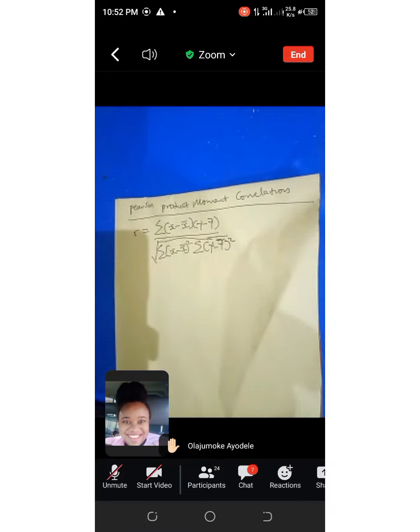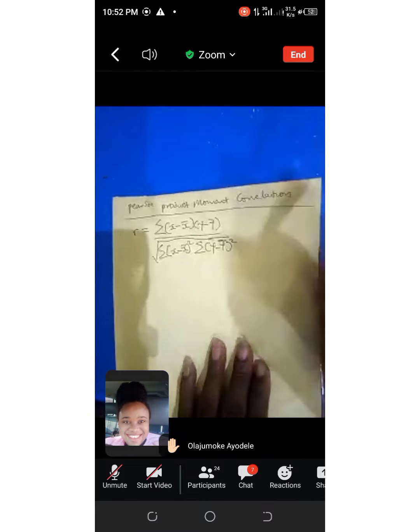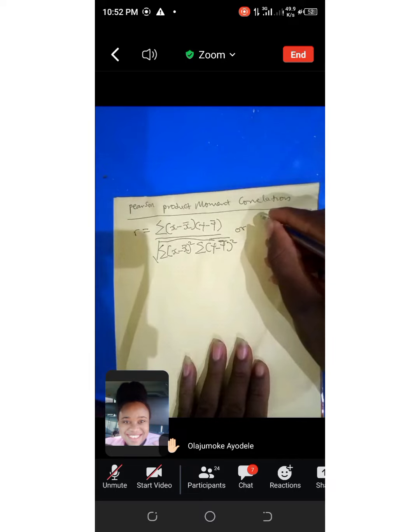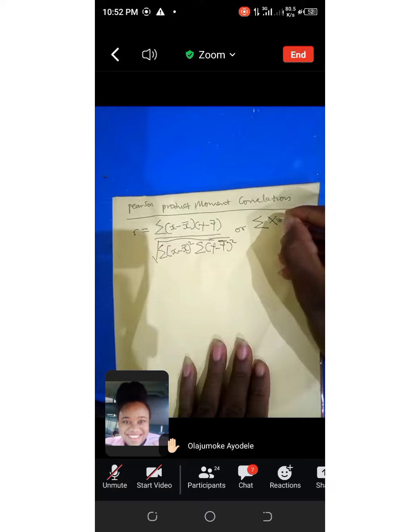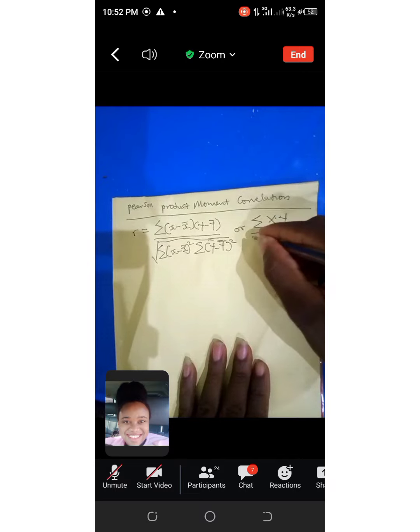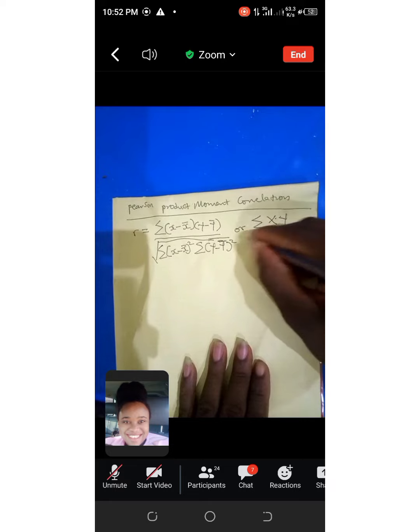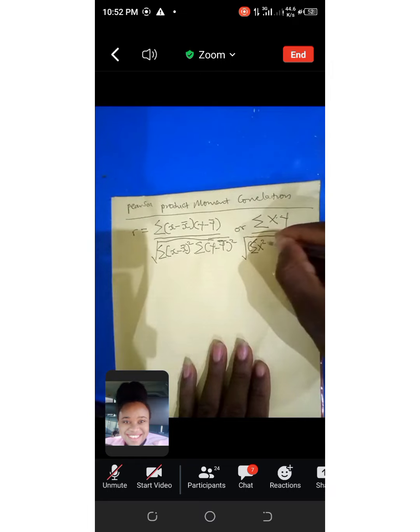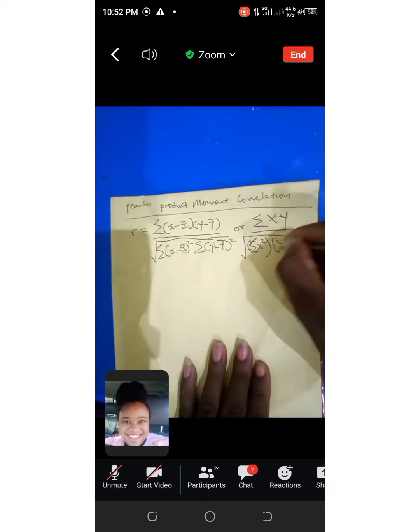So this is the formula. We can simplify the formula. We can also use this: summation of X and Y all over the square root of the summation of X squared times the summation of Y squared.